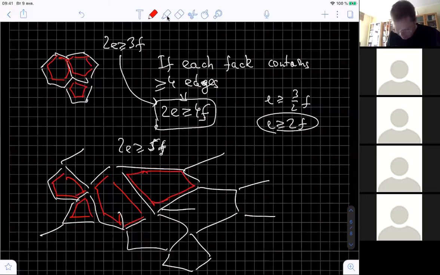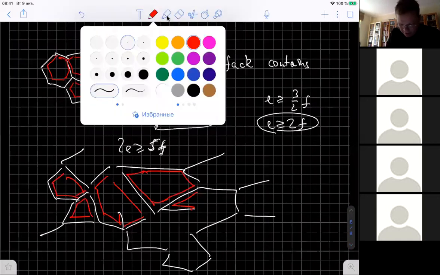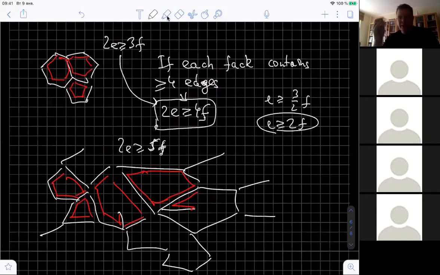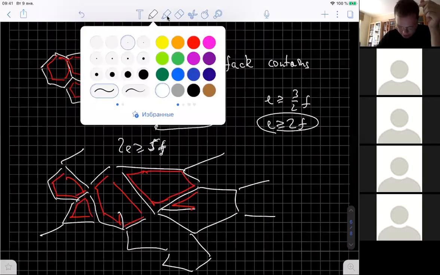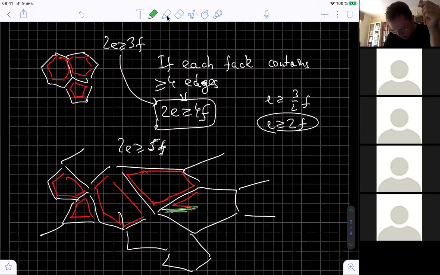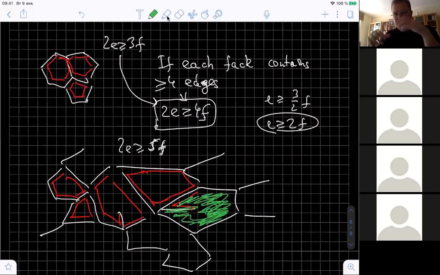So what do you mean by a border? A border of the face is just, if some edge is contained in the border, it means, for example, here I have this edge, and it lies on the border. So the edge is on the border.